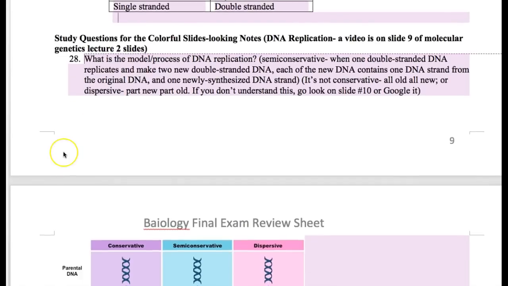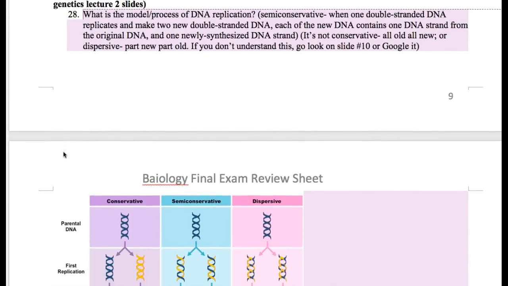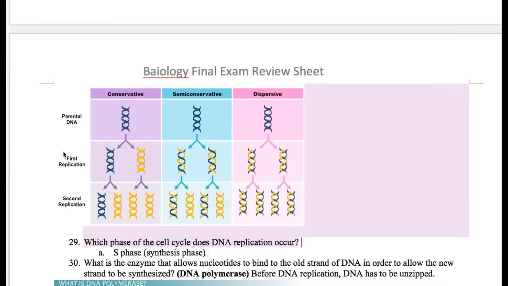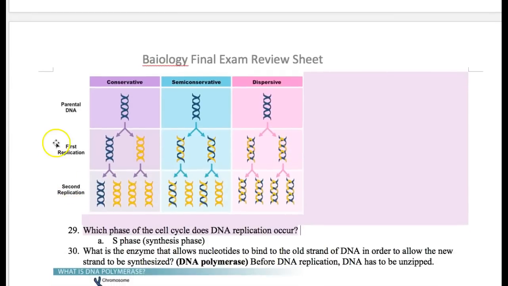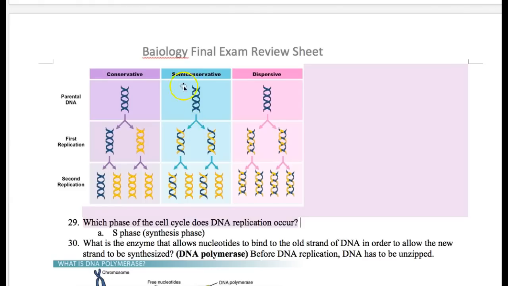The next one, what is the model process of DNA replication? We call this semi-conservative. So if you just look at this picture right here, during the semi-conservative DNA replication model, we start with one DNA. During the first replication, we end up with two DNA. But as you can see, with the color, there is one old strand, the blue one, and one newly synthesized strand.